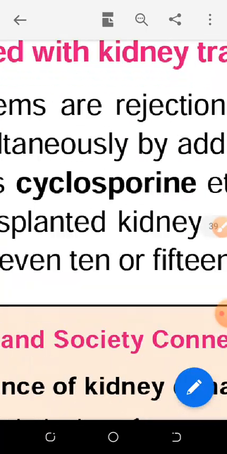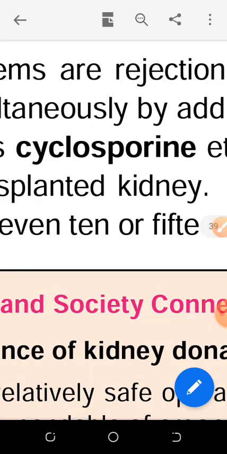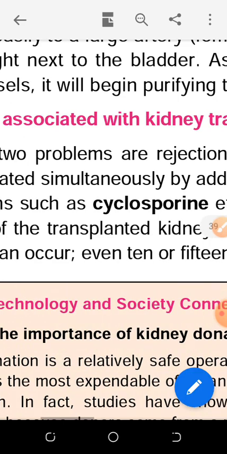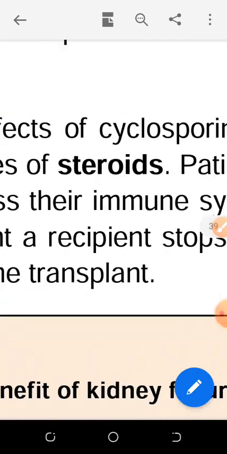Cyclosporin medicine will be given to the patient to reduce tissue rejection from the immune system. The word I was using is that you put the immune system to sleep for some time. Cytokines and steroid hormones can be used, steroid chemicals can be used to ward off the side effects of cyclosporin.